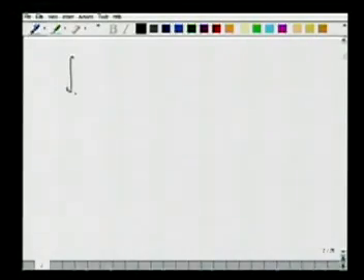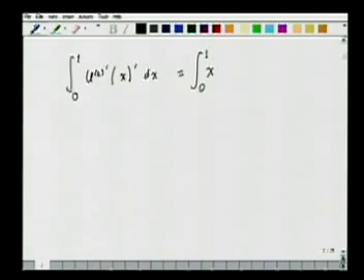We'll get integral 0 to 1 u2 prime into x prime dx equal to integral 0 to 1 x into x dx plus 10 into x evaluated at 1.